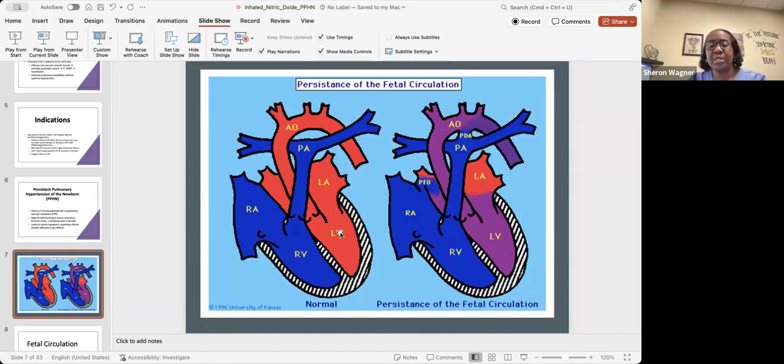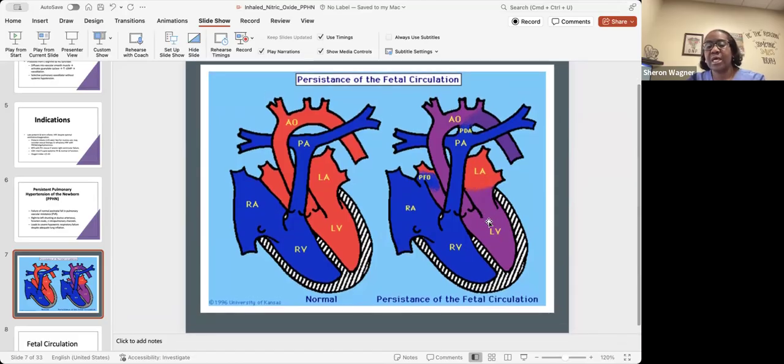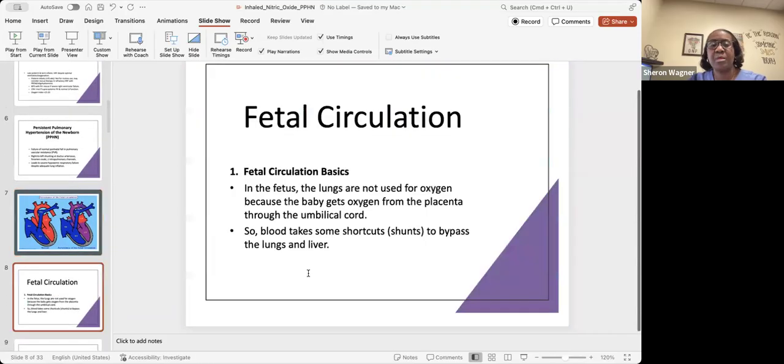And that should be bright oxygenated blood. Whereas in persistent pulmonary hypertension, a lot of this blood is bypassing, and you're getting a lot of deoxygenated or poorly oxygenated blood that is getting circulated into the body.